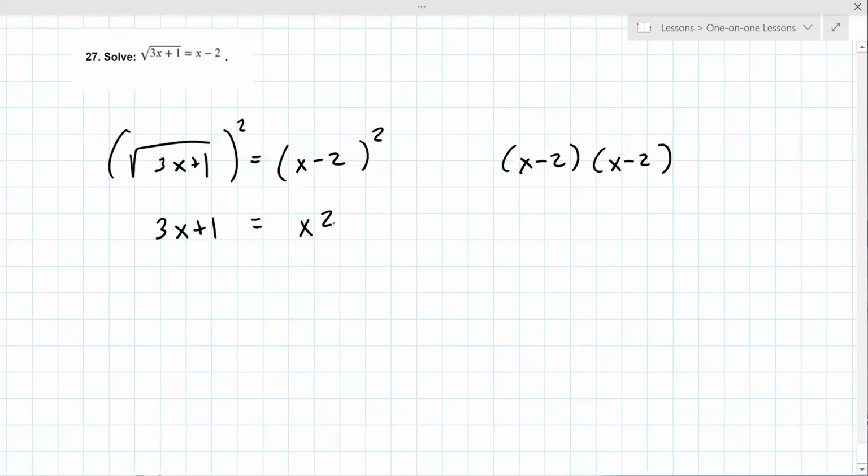You get x squared minus 4x plus 4. You need to move everything to the right this time, because you really want x squared to be the positive one, so minus 7x. x squared minus 7x plus 3. That doesn't factor, so it's the quadratic formula.